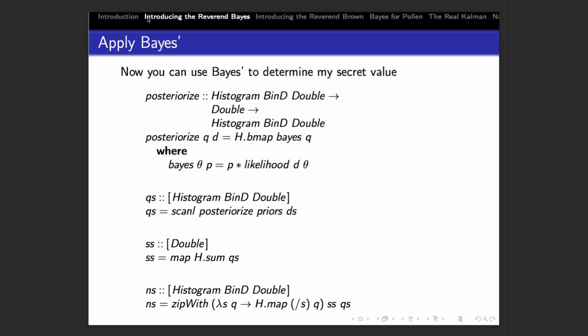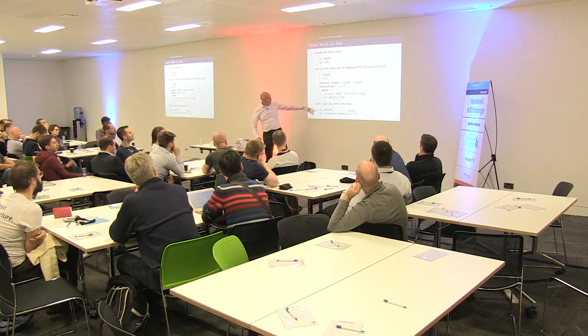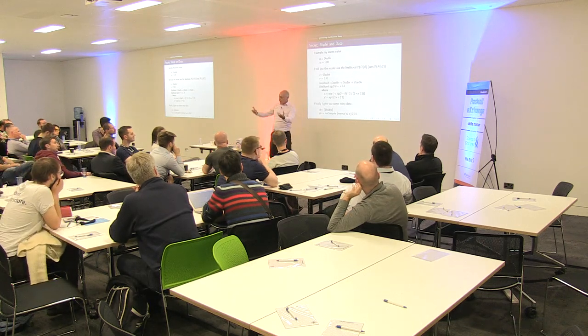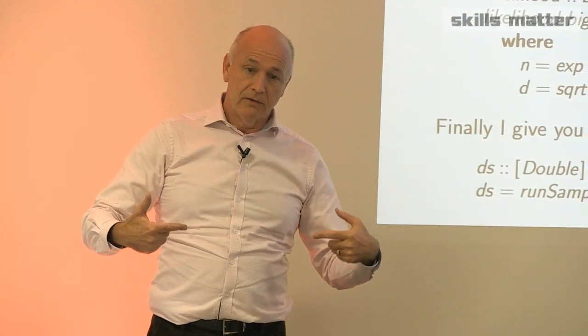D is the data. Oh yeah, that's if you remember, that was the data from the previous. So I've created a load of data that I give to you, and then you use Bayes' theorem to give you a new histogram each time.